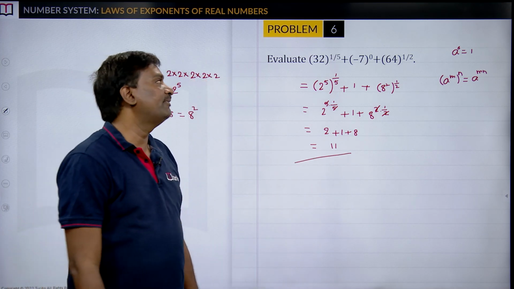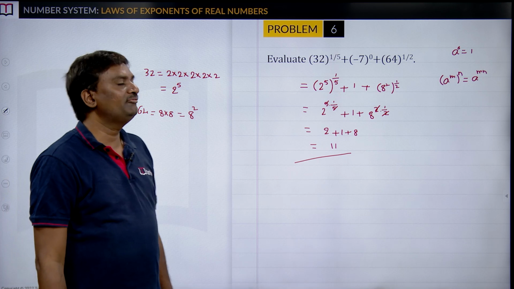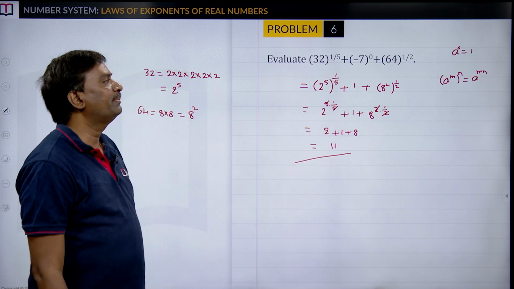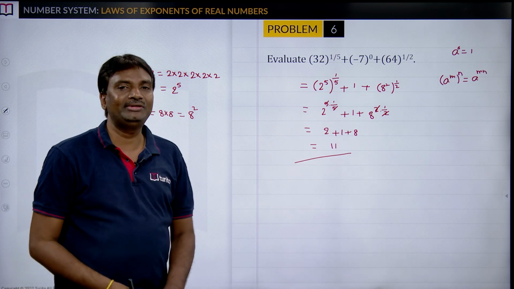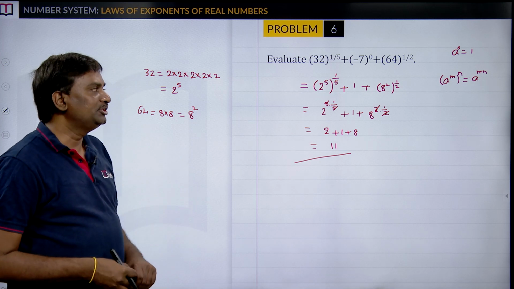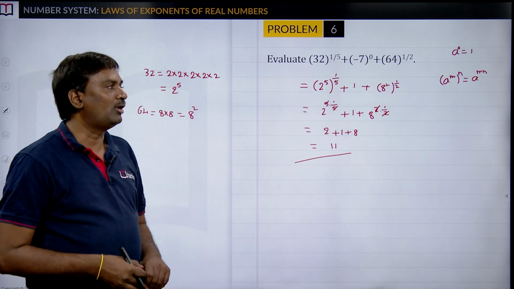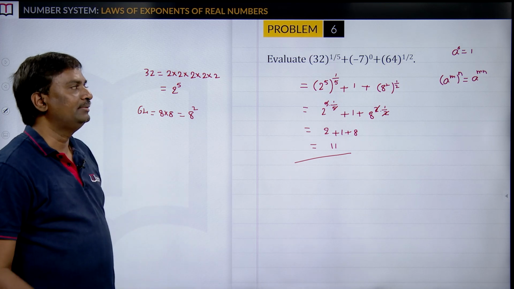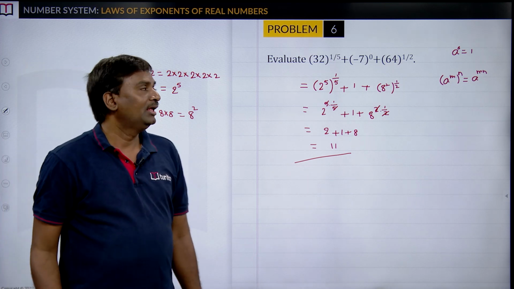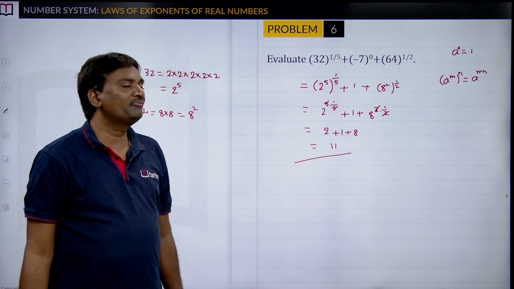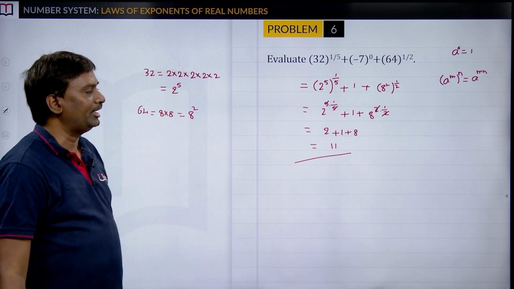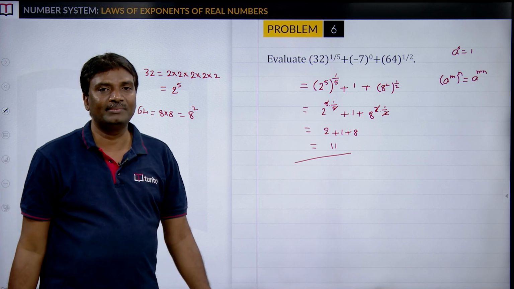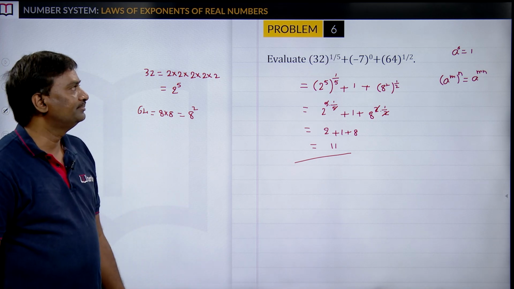So the simplified value of 32 power 1 by 5 plus minus 7 power 0 plus 64 power 1 by 2 is 11. For solving this problem, we have used the formula a power m whole power n equal to a power mn and a power 0 equal to 1. Express 32 as 2 power 5 and 64 as 8 square. After simplification, we got 11. So hope you understood.